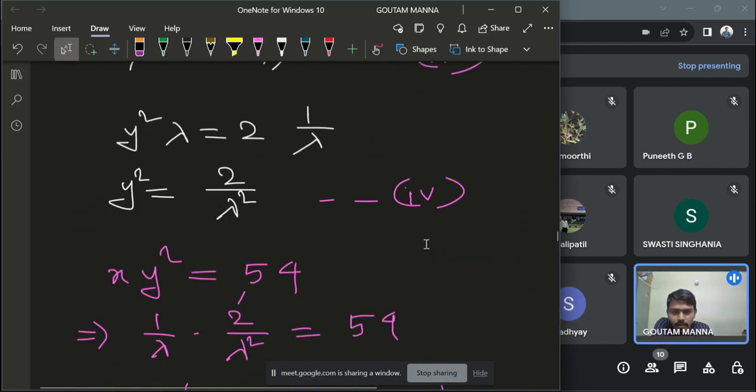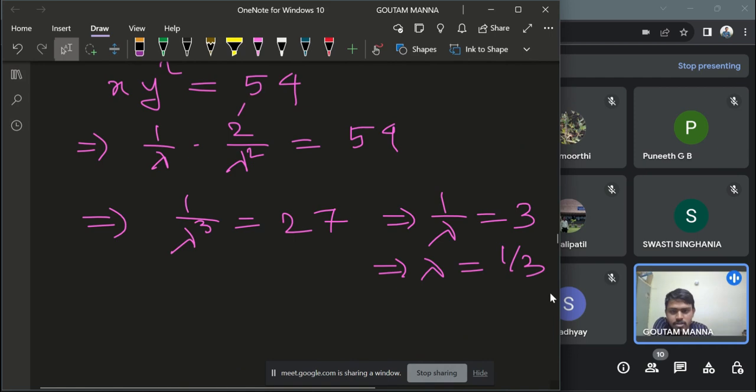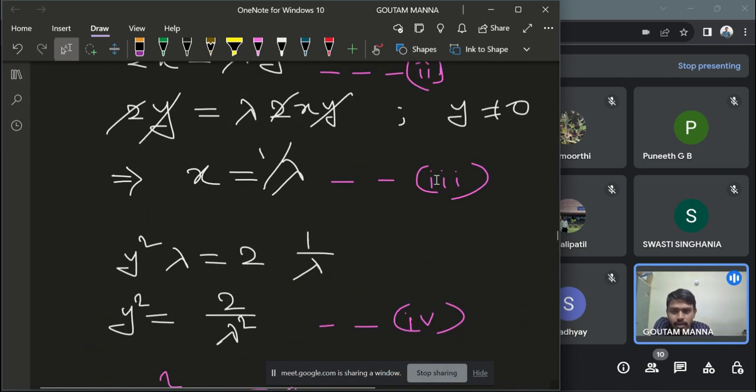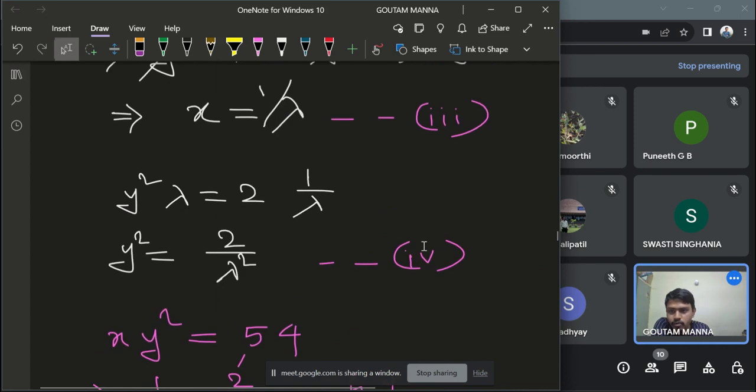Okay, so we got the lambda, this is the Lagrange undetermined constant, and if you put the value in equations 3 and 4, we will get the points x and y.